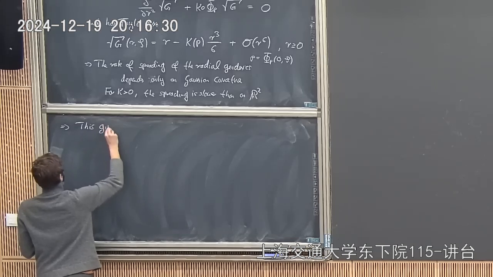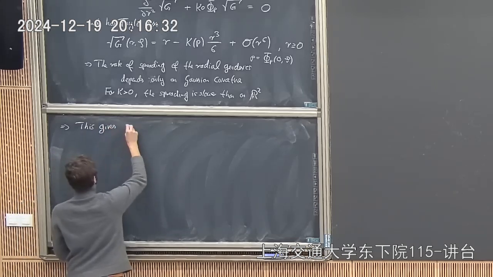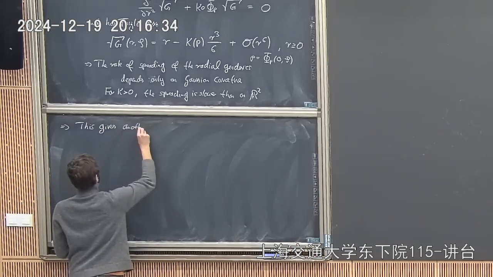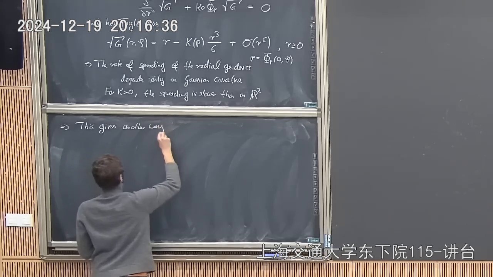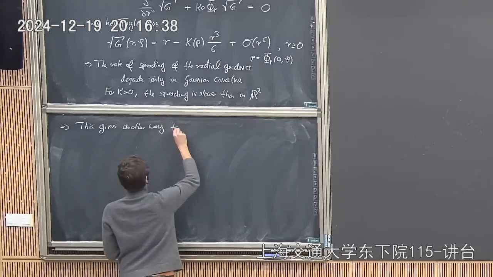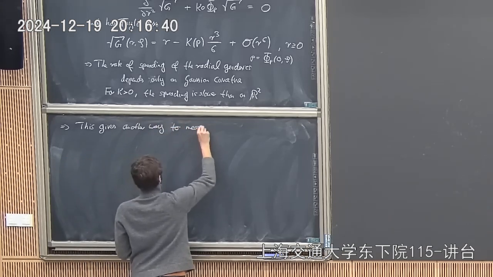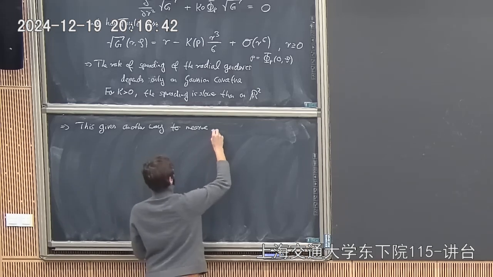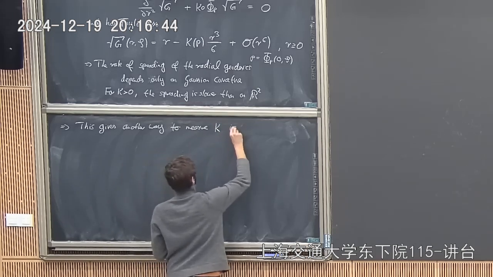This gives another way to measure K, the Gaussian curvature, intrinsically.